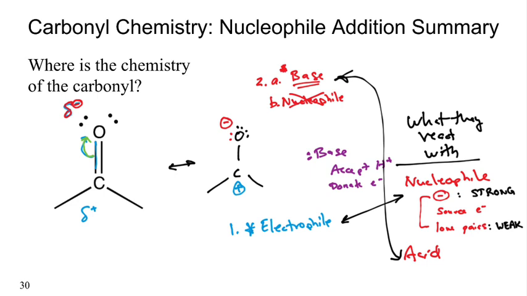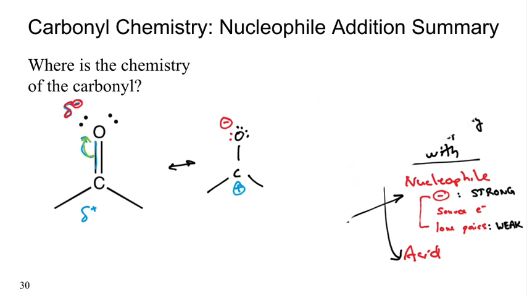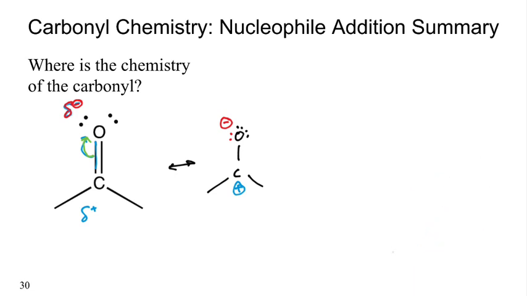If we take a step out and instead of looking at just the functional group or just the pi bond and now say what's connected to it, we make things slightly more complicated. If I put another carbon here and say a hydrogen, it turns out that that hydrogen is acidic.